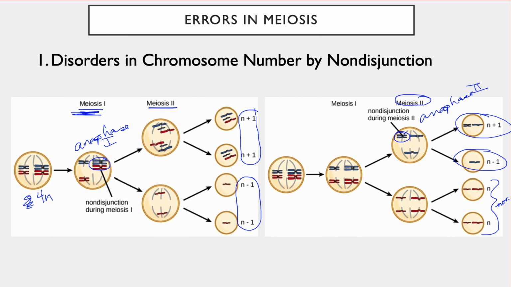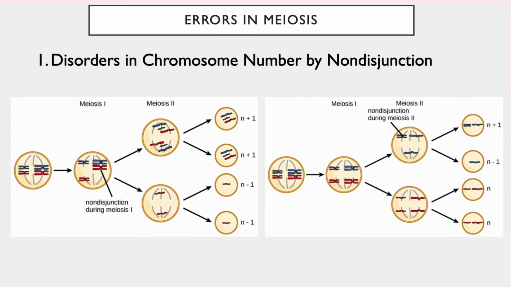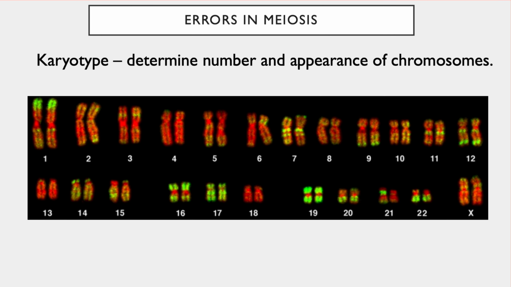We can actually look at individuals to determine whether they've had a non-disjunction process happen in their chromosome or genome. We do this when babies are born or when we're testing people for abnormalities in chromosome number or even appearance of their chromosomes through a process called karyotyping. And karyotyping allows us to actually take a cell, color each chromosome, and take pictures of them.